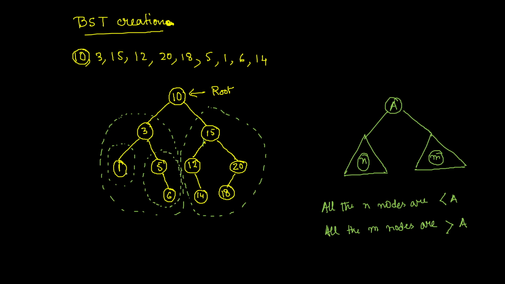So here also the left subtree is lesser than the parent, and the right subtree is greater than the parent. So basically this particular condition is true recursively for each and every non-leaf node of the tree.